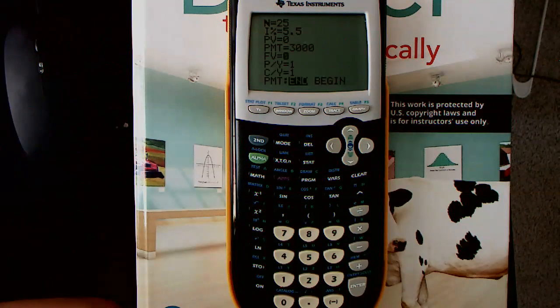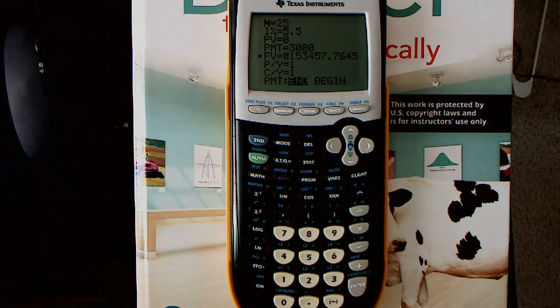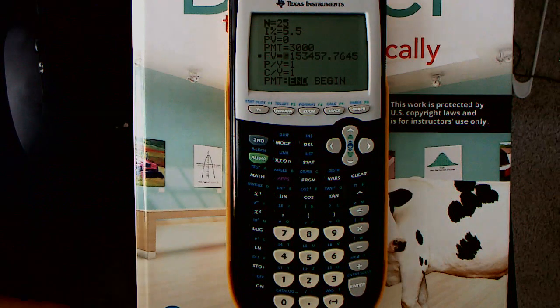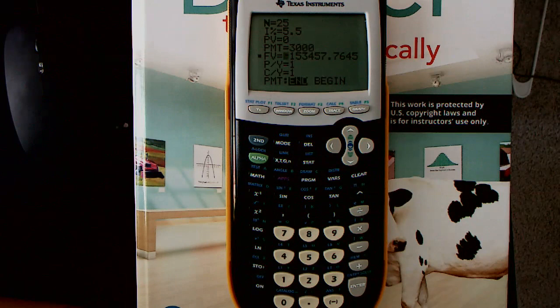You can see it's blinking to the right side of the future value. Then we enter Alpha, Enter to solve that. So the future value of the annuity in 25 years is $153,457.76.